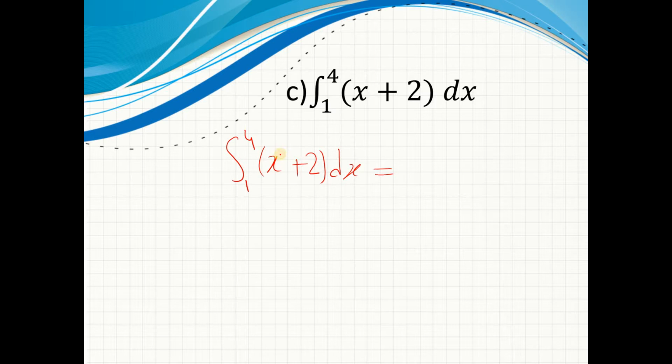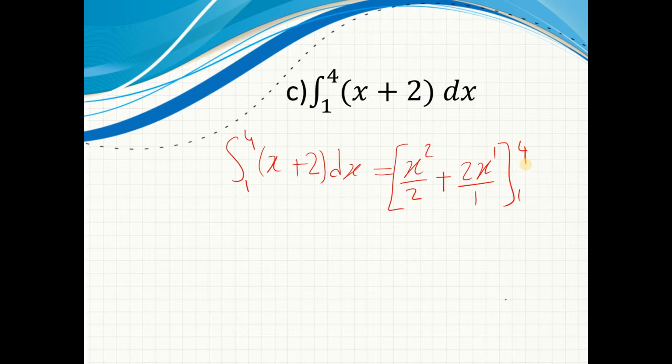Add 1 to the power and divide by the new power: x power 2 over 2. Plus, add 1 to x power 0, 2x power 1 over 1, in square brackets from 1 to 4.